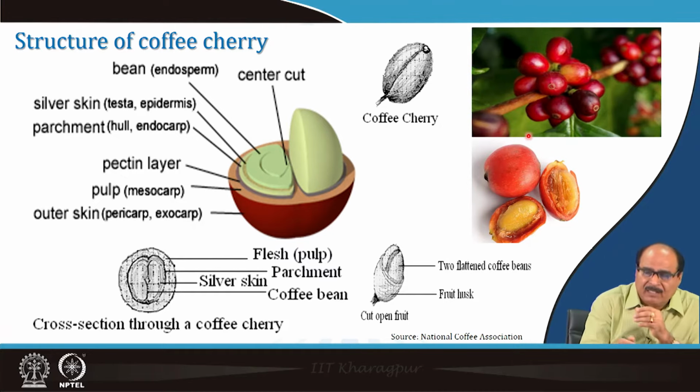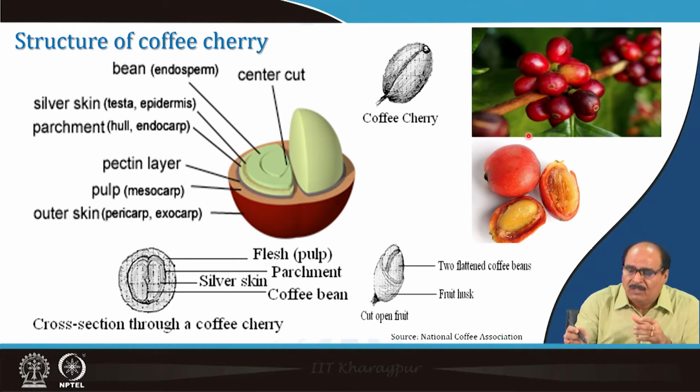So, you see here in this figure I have shown you the structure of the coffee cherry. When the coffee cherry ripens, it is deep red, and in some plant species deep orange.